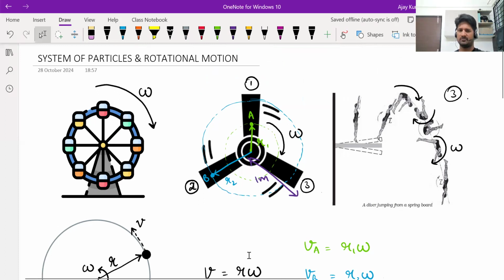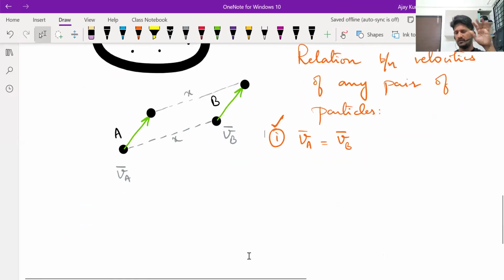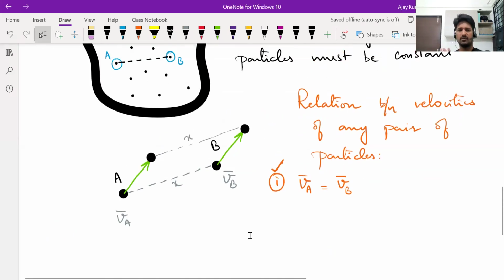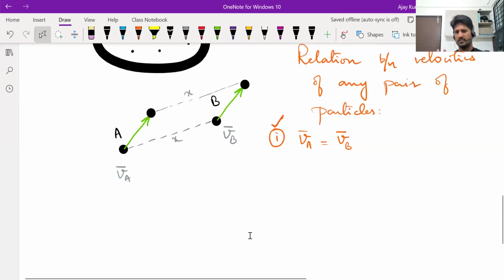You can bend the blades of the fan, I'm not saying that you can't. But when you normally use the fan, the blades won't bend. It's a rigid body. But we know different points of the fan move with different velocities. Like those points A and B, they definitely have different velocities. But still the distance between A and B doesn't change. So yeah, velocities being equal definitely ensures that the distance between two particles remains the same always.